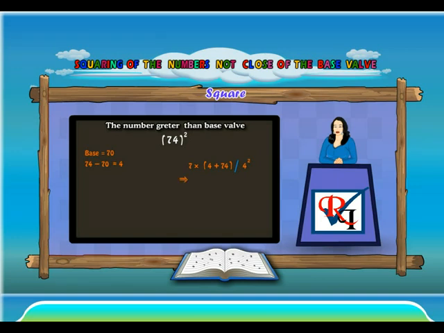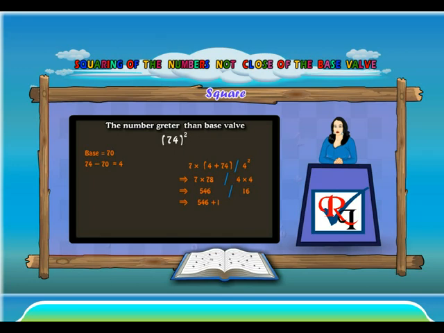Okay? Now, in the next step, 7 into 74 plus 4, that is 78, and the square of 4 is 16. So what we get is 7 into 78, that is 546, and 16. But as we know, our base 70 contains only one zero, so we need only a single digit on the right side of the separator, that is 6.